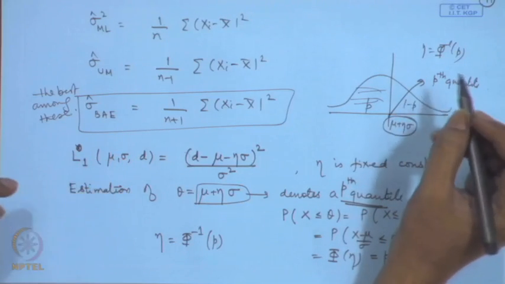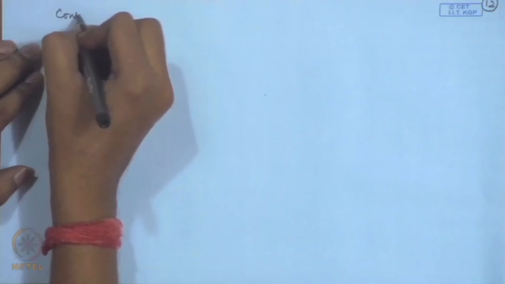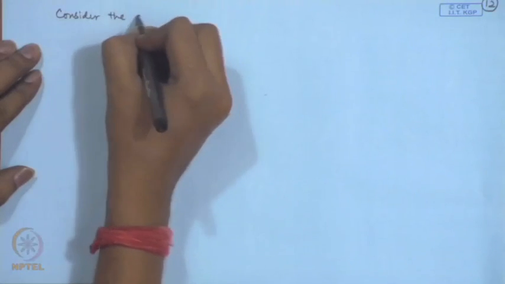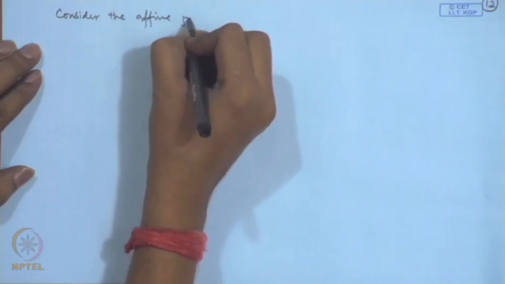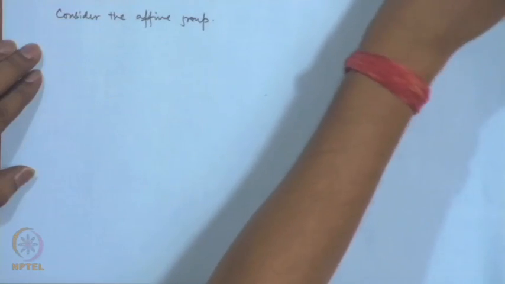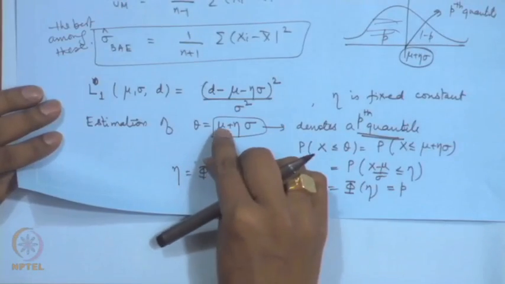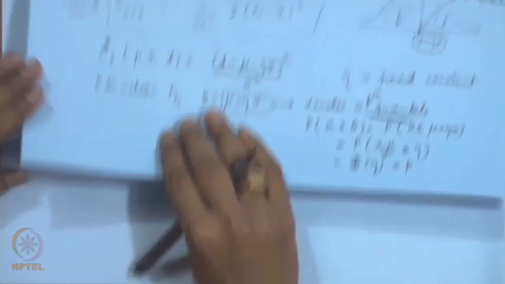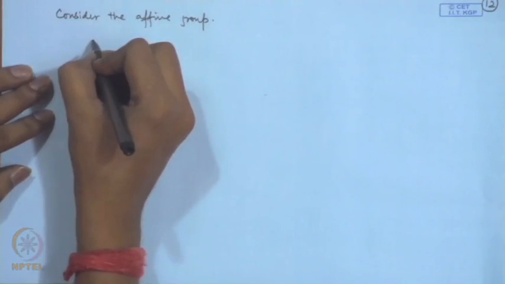So, like mean, median, etcetera, the quantiles are also of interest to be estimated to find out various locations on the distribution. Let us consider the estimation of this here. And so, consider the affine group. Now, we have already seen here that mu goes to a mu plus b, sigma will go to a sigma. So, what will happen to theta?